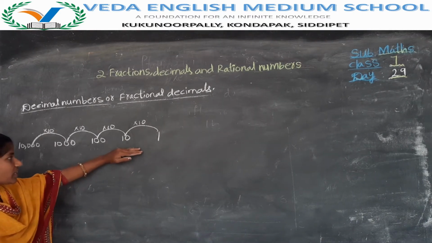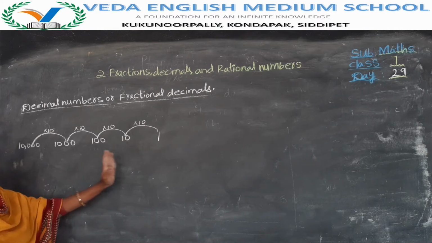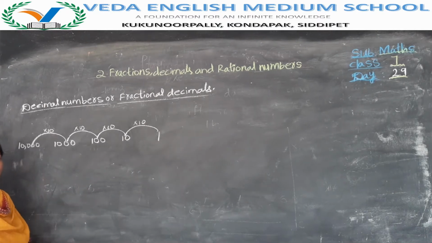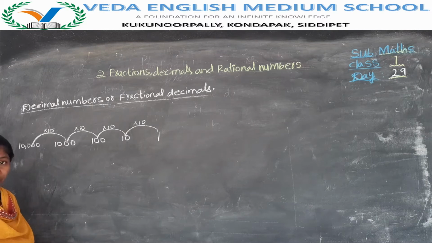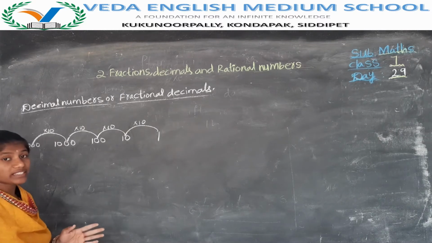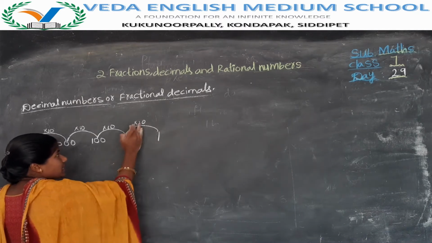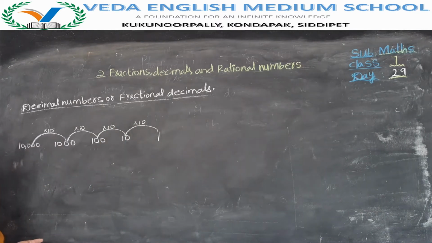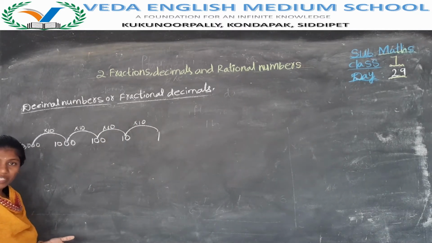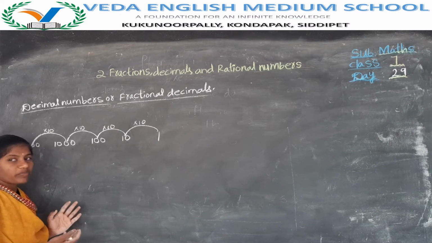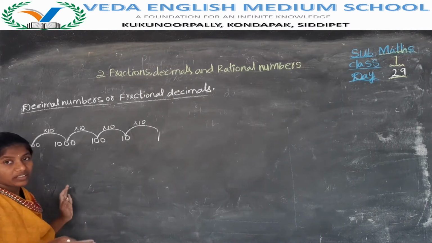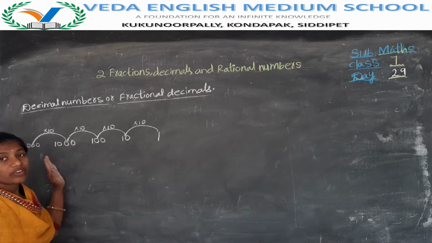Now here we are moving from right to left, and the place value increases 10 times. When it moves from right to left, it is multiplying by 10. If we move the same place value from left to right, then what will happen?